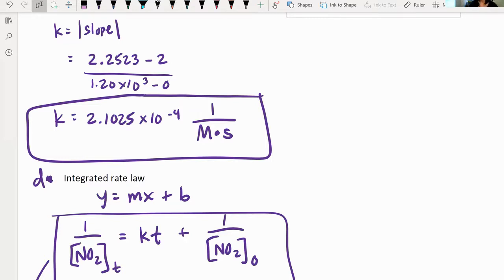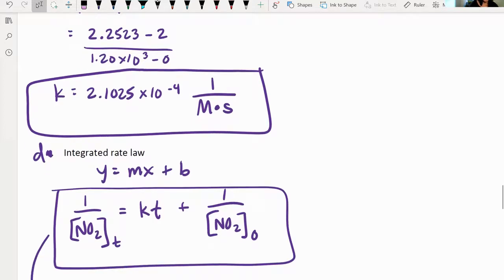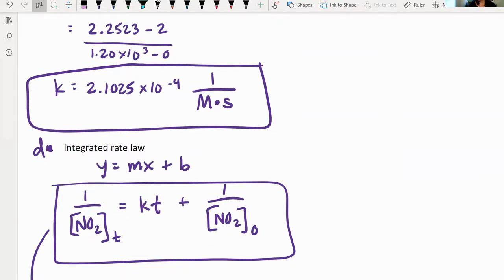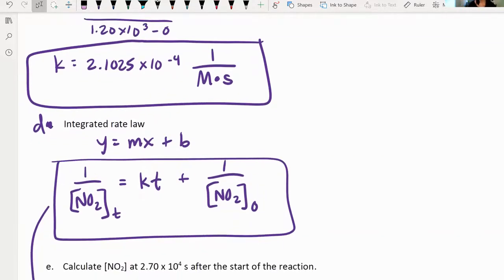Then for part E, I know that I'm going to have to use the integrated rate law because look at the problem. They're asking you to solve for concentration, and the information you're given is time. Time and concentration means use integrated rate law. So that's exactly what we're going to do.